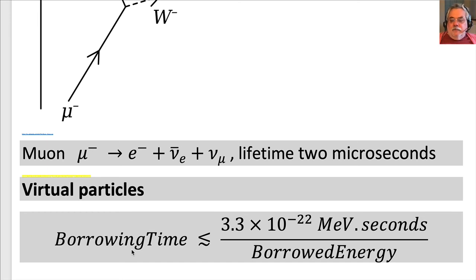In that interval, the virtual W- boson could move no more than 1 × 10⁻¹⁸ meters, 1,000th the radius of a proton. After this fleeting time and distance, the virtual particle vanishes and the energy is again completely conserved.